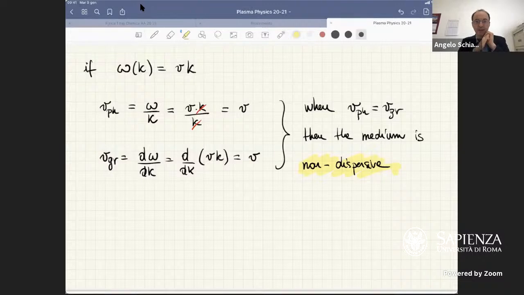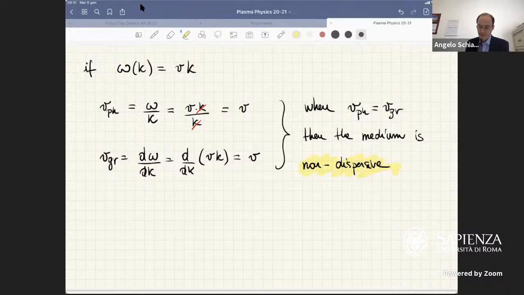It means that when light is propagating in vacuum, all the components are traveling at the same speed, which is the speed of light. This is not true anymore when we are propagating, for instance, light inside the plasma. And this is one of the main topics of our lecture in the next few meetings, so in the next lectures.